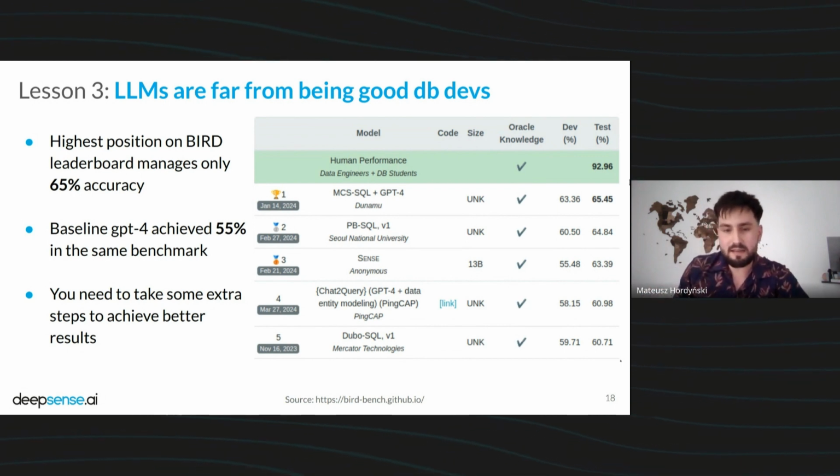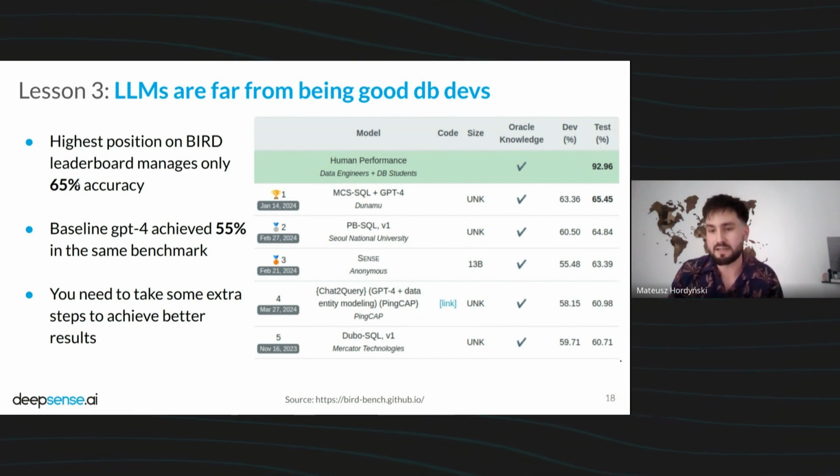As you can see, the whole benchmark is not super easy, because even human performance is 93%. It was done by some data engineers and database students. And the highest position on this leaderboard manages only 65% accuracy.